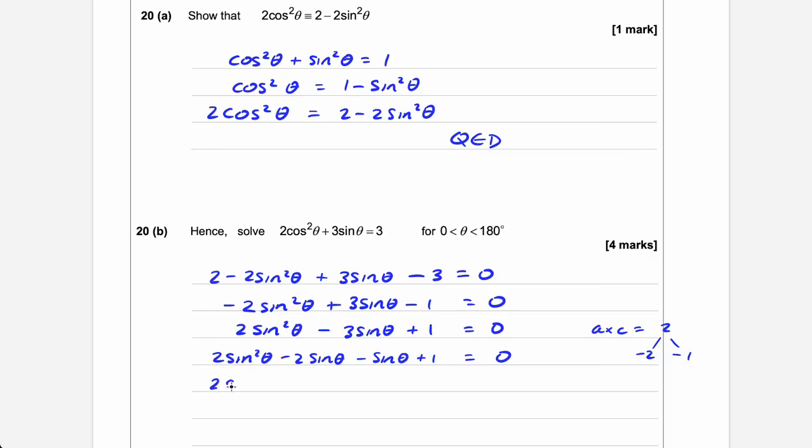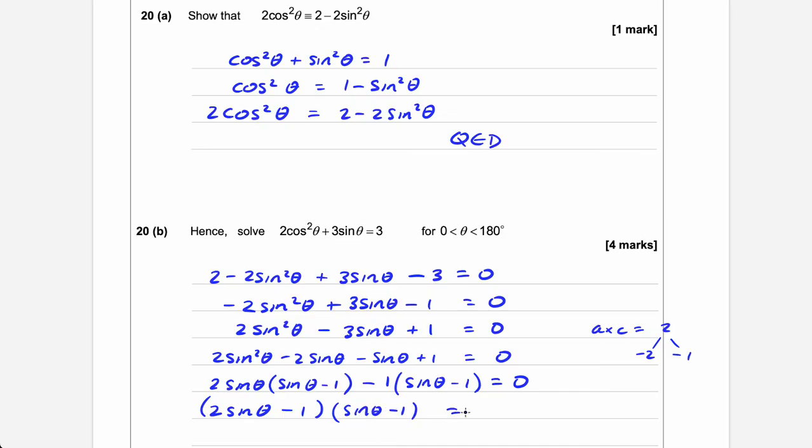So it's 2 sine theta into sine theta minus 1, and then minus 1 into sine theta minus 1. This is me factorizing. If you're not able to factorize a quadratic, go and learn it. You definitely need to know how to do that. 2 sine theta minus 1 times sine theta minus 1 equals 0.